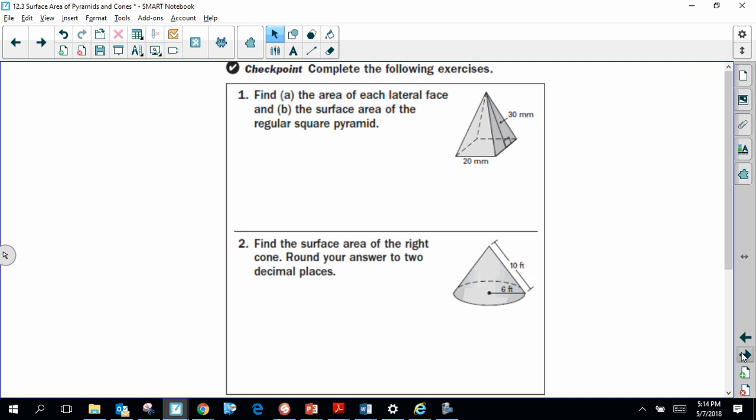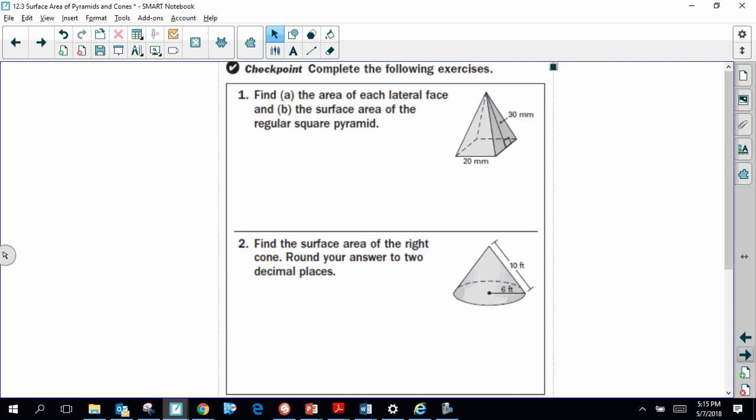Okay, so hopefully we have some answers that we can make some sense of. But for the first example, the pyramid, we have a square pyramid, and it's asking us to simply find the area of each lateral face. So what is the area of each of those triangles that make up the sides?